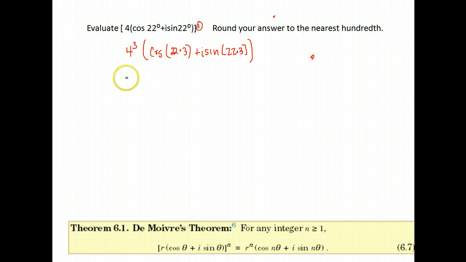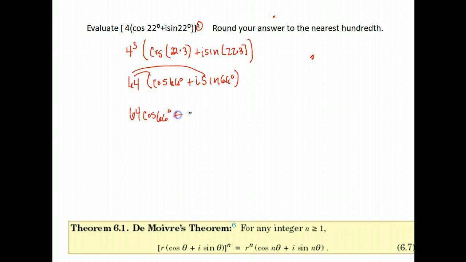4 to the third power is 64, and then I have cosine 66 degrees plus i sine 66 degrees. Distribute the 64, we have 64 times the cosine of 66 plus 64i sine 66.